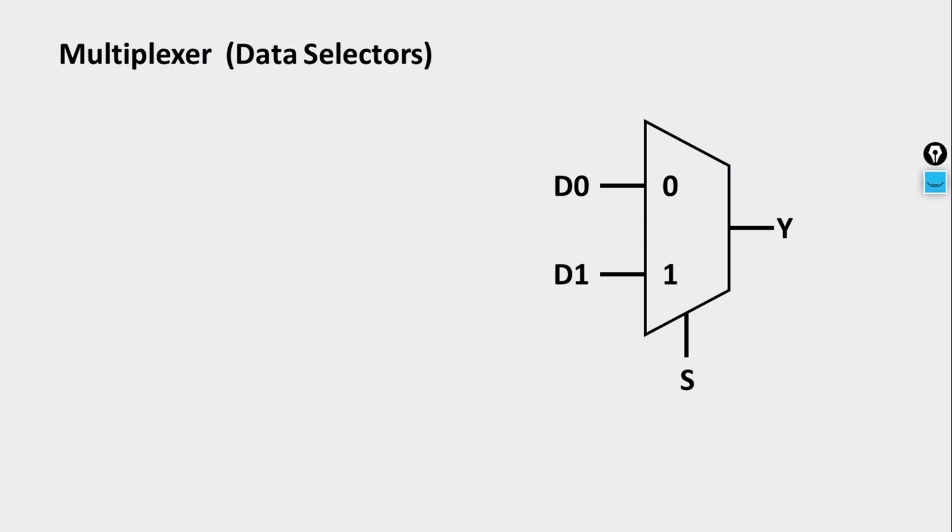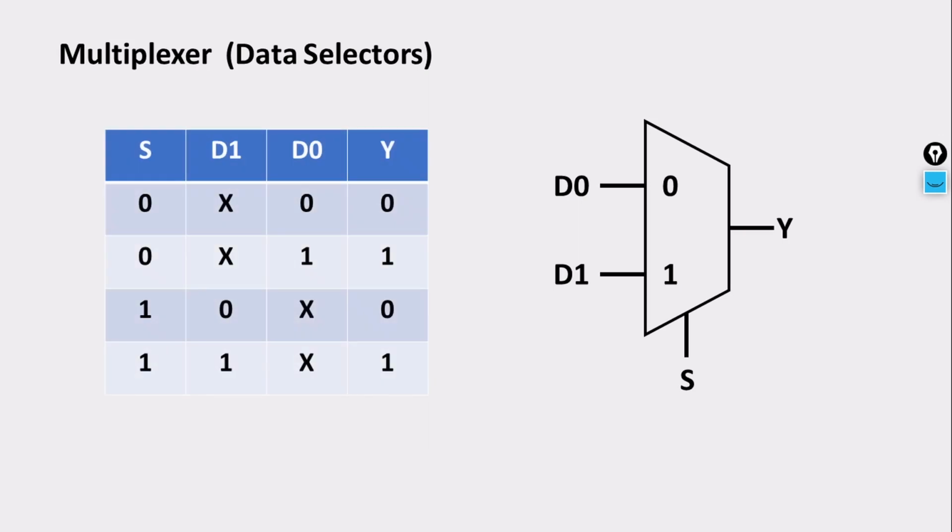If we are going to design a 2:1 mux, you can observe the symbol here. We have one select line, two inputs D0 and D1, and an output Y. Now if you look at the truth table, when S is equal to 0, whatever the input at D1, either 0 or 1, only D0 will be selected at the output.